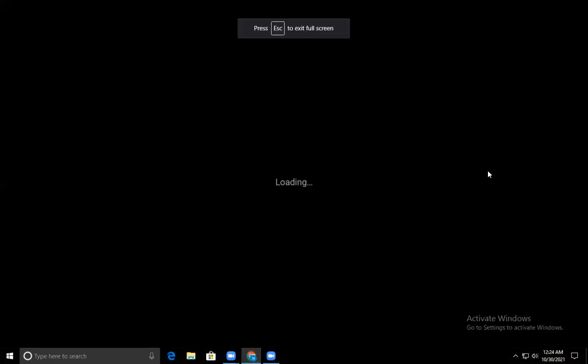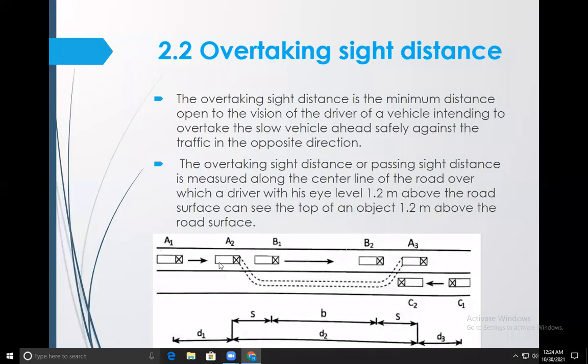So D1 is the distance traveled by vehicle A when he decides to go for overtaking.